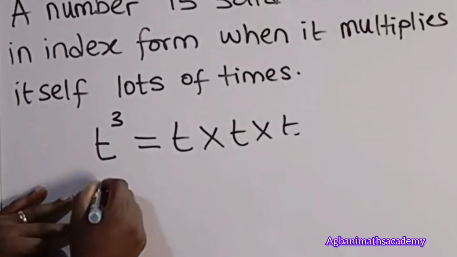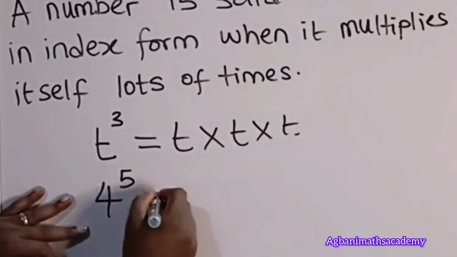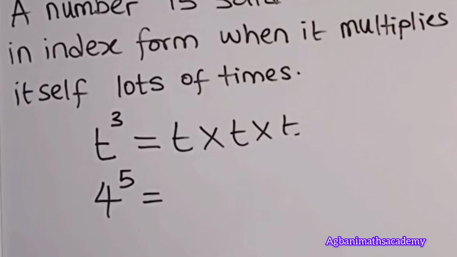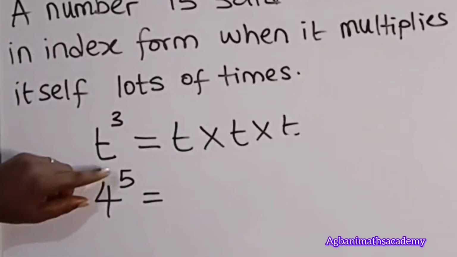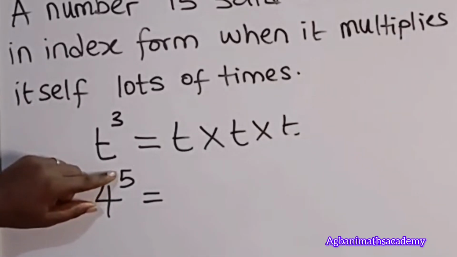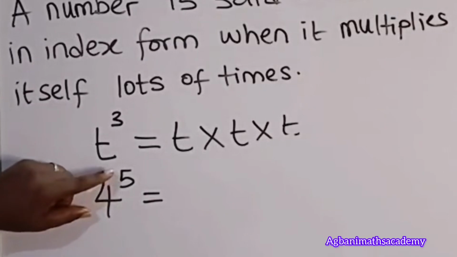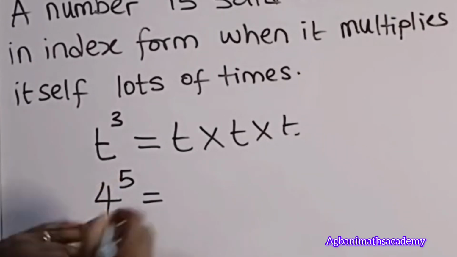If I have 4 to the power of 5, that means 4 is multiplying itself 5 times.